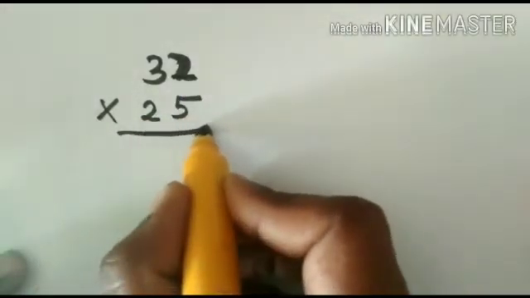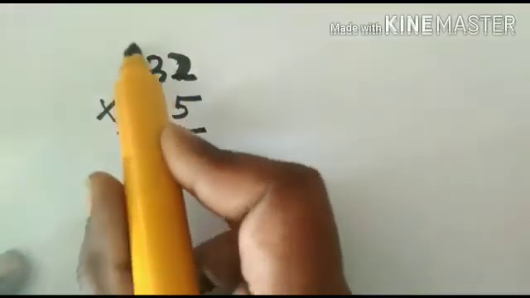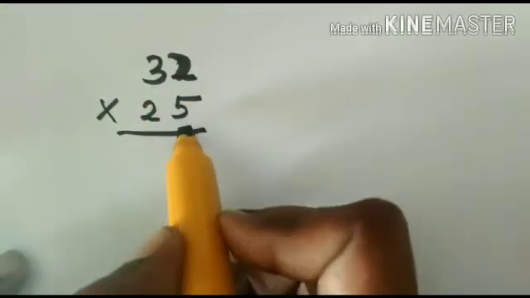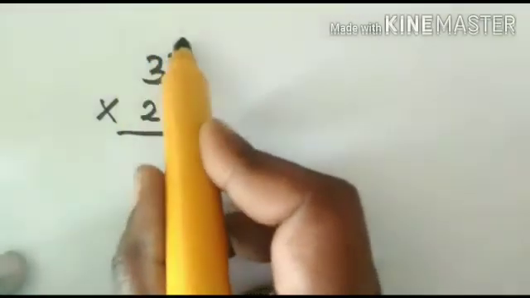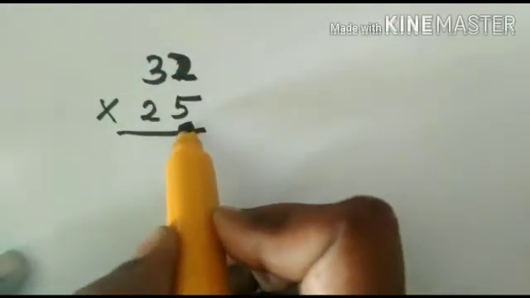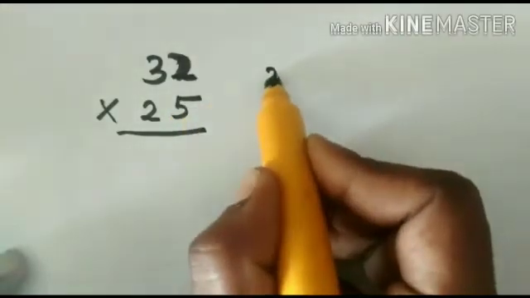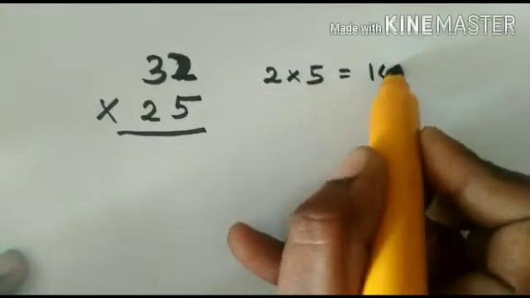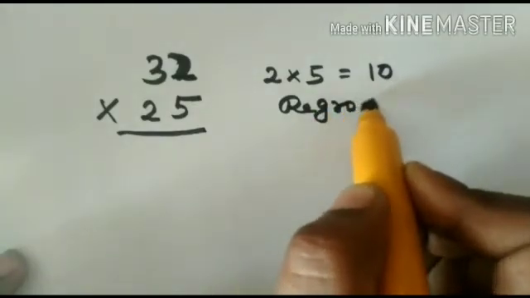then draw a line. Children, you have to multiply the multiplicand, that is 32, by the ones digit of the multiplier, 5. 2 into 5 is equal to 10.